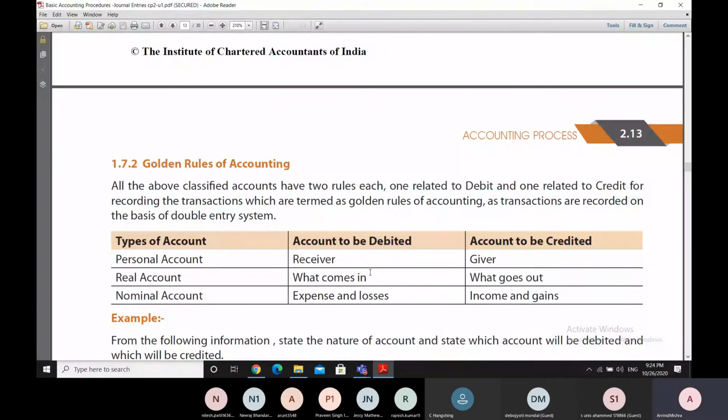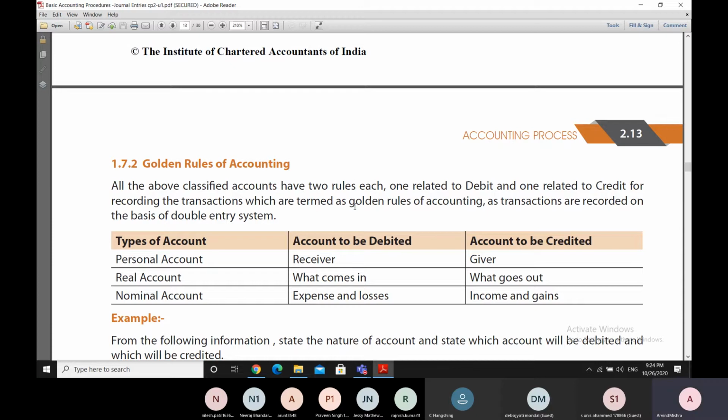Having understood this broad classification, which sometimes leads to confusion, but having understood it in a little bit of detail, we would like to go into the golden rules of accounting, like how the debit is done and how the credit is done.